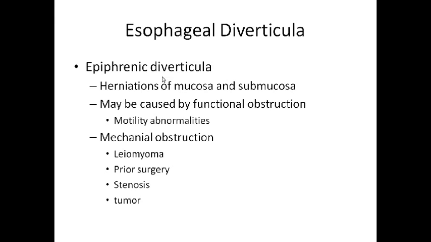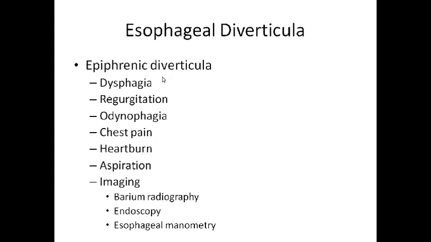Or there may be some sort of space-occupying lesion that's causing increased pressure within the esophagus, maybe a bad surgery, stenosis with fibrosis, or we talked about some other tumors that could be increasing some of the pressure and then cause a diverticula. Again, a lot of these conditions may be present at the same time, concurrently, and cause different problems at the same time.